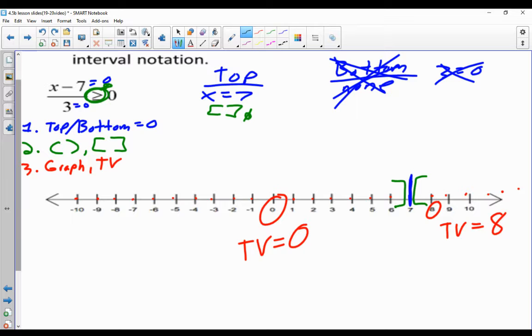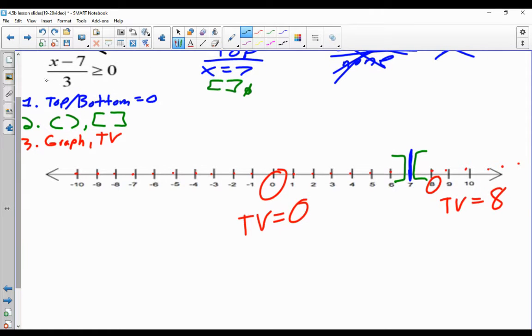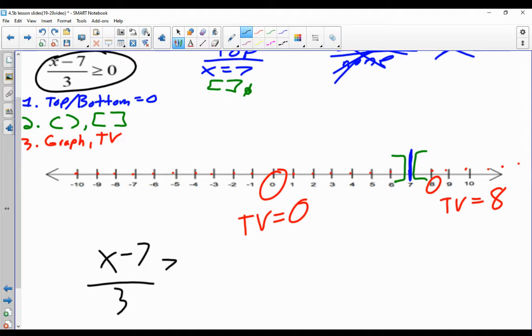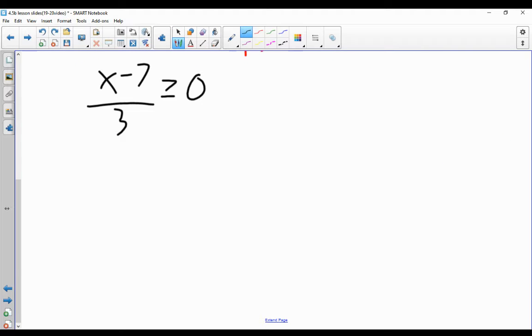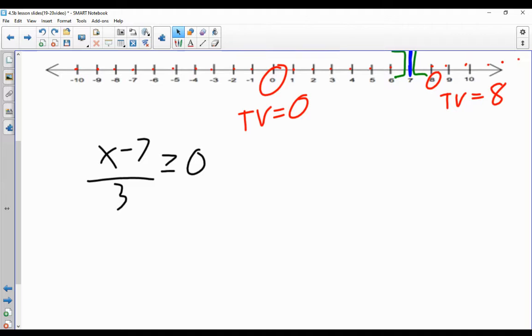All right, so let's plug in these test values into our equation. And our equation is this. X minus 7 all over 3 greater than or equal to 0. All right, so let's plug in our first test value.